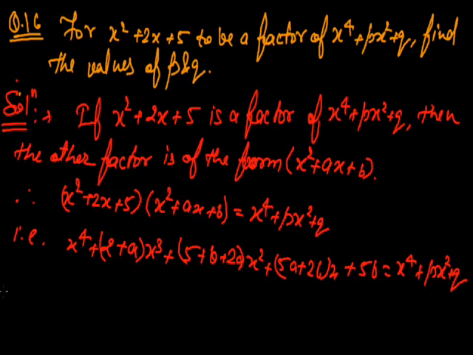Now by comparing the coefficients of x raised to power 4, x cube, x square, x and constant term, we have 2 plus a is equal to 0. From here we can have the value of a is equal to minus 2.